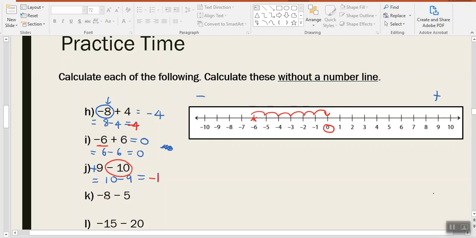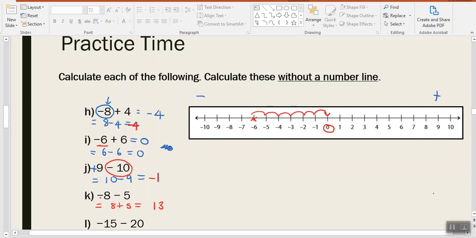Now with K, we can see that there are the same signs. There's a negative 8, take away 5. Two of the same signs. So the trick is now we just add them. What is 8 plus 5 normally? 8 plus 5, I know, it's 13. So my answer will have a 13 in it.